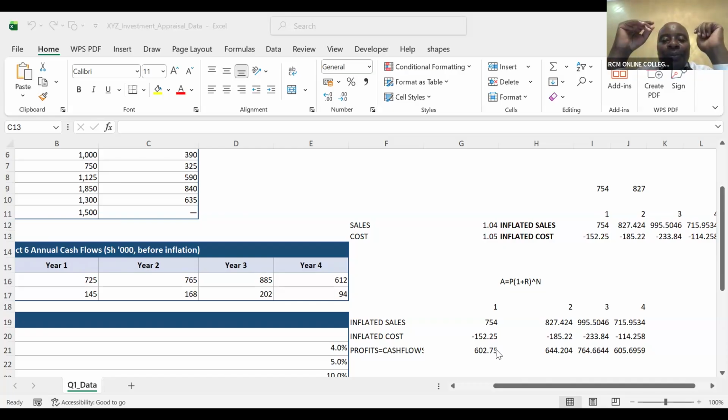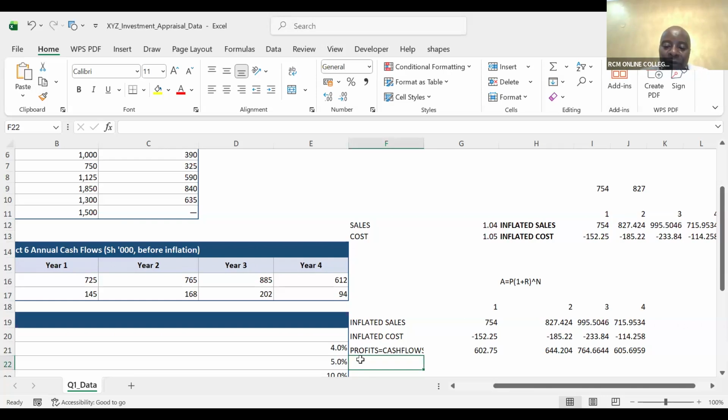Write it down there. Anybody who is able to remember the PVIF formula? They must have forgotten PVIF.